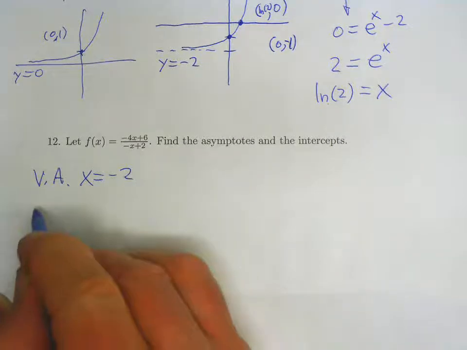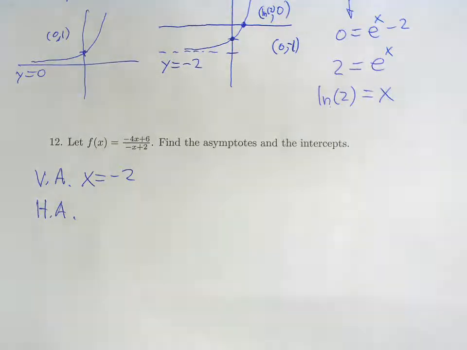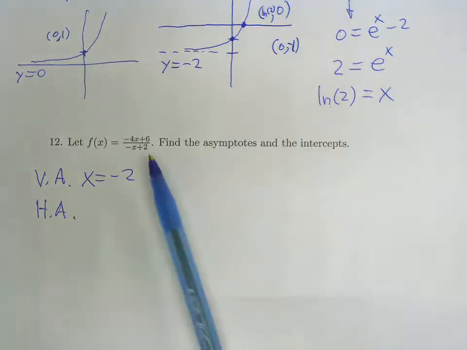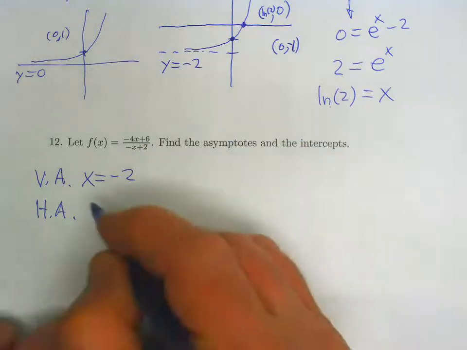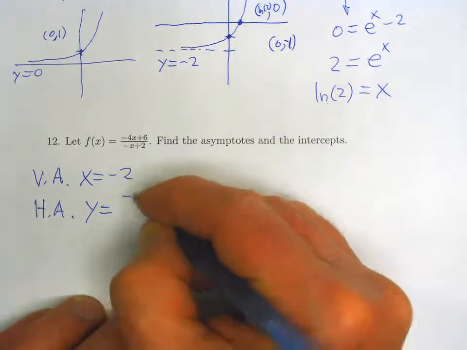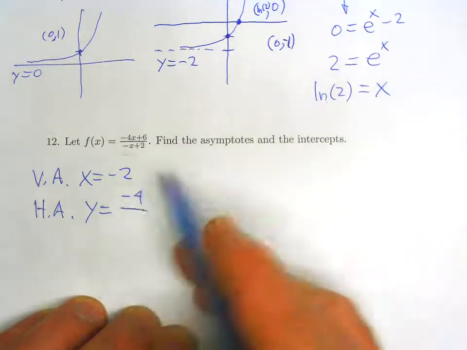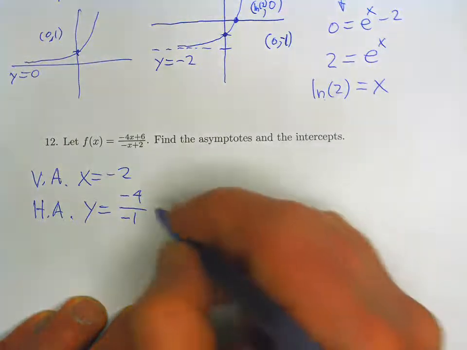And there is a horizontal asymptote. The degree of the numerator is the same as the degree of the denominator. And then the horizontal asymptote is the leading coefficient of the numerator divided by the leading coefficient of the denominator. And negative 4 divided by negative 1 is 4.